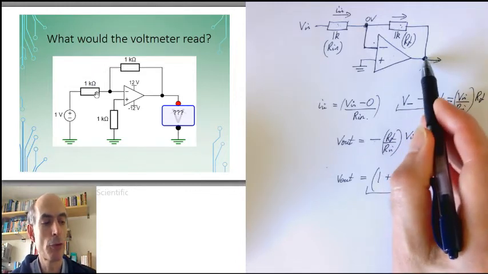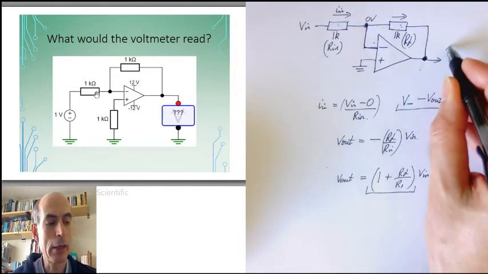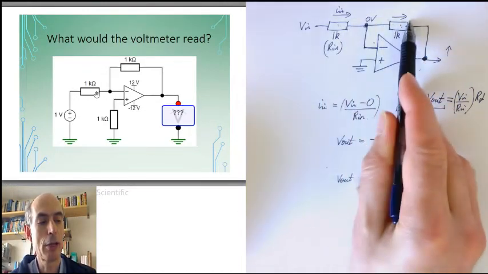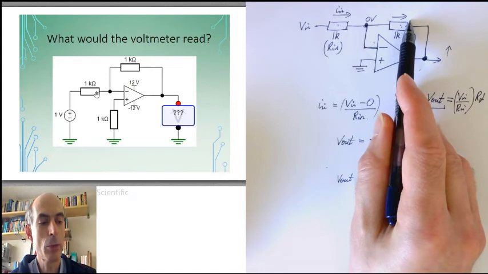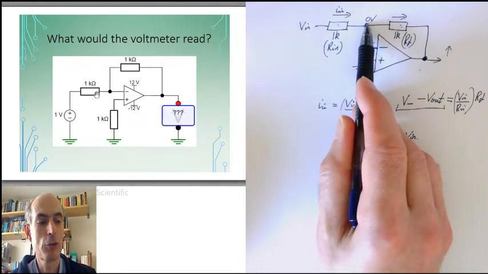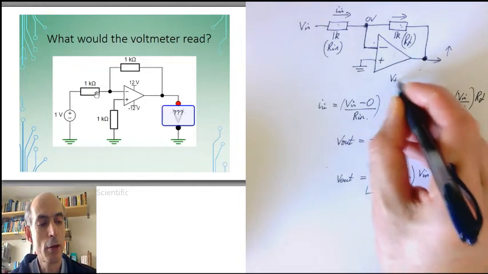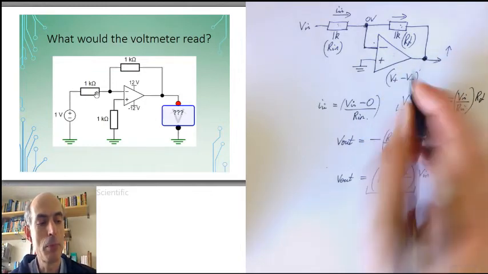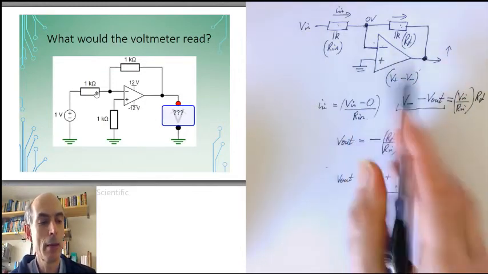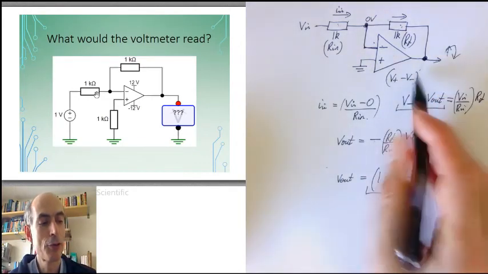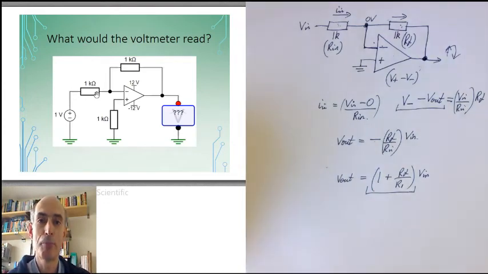Similarly, if the output voltage ever went too high, that would reduce the current flowing through this potential divider here. That would increase the value of the voltage here. That would decrease the value of V plus minus V minus for this op-amp, and that would tend to pull the output back down again. So this is a stable equilibrium point.